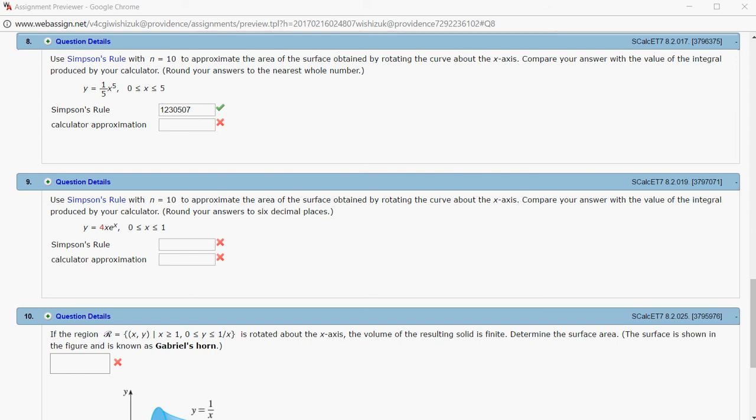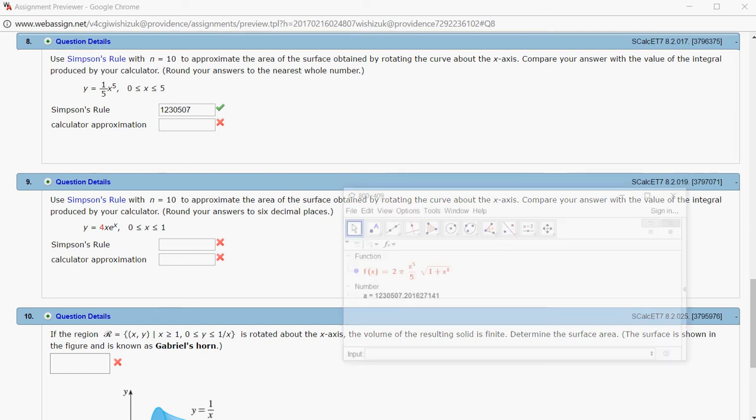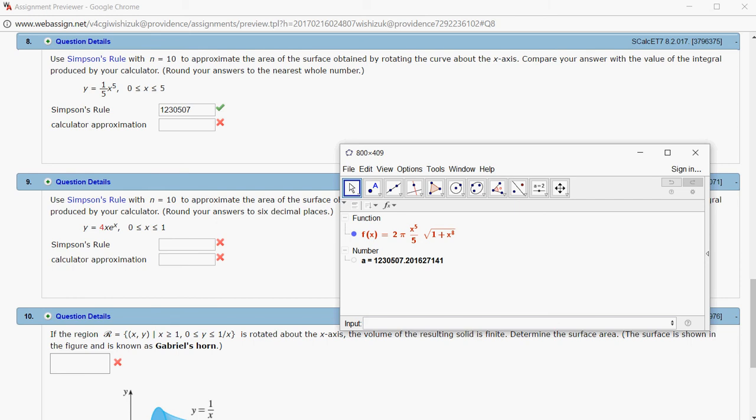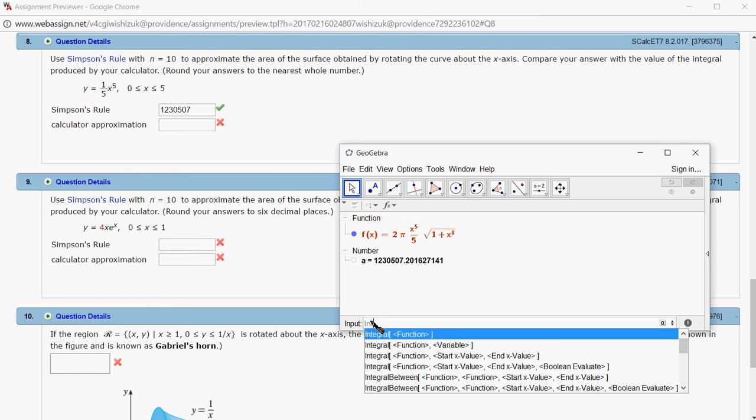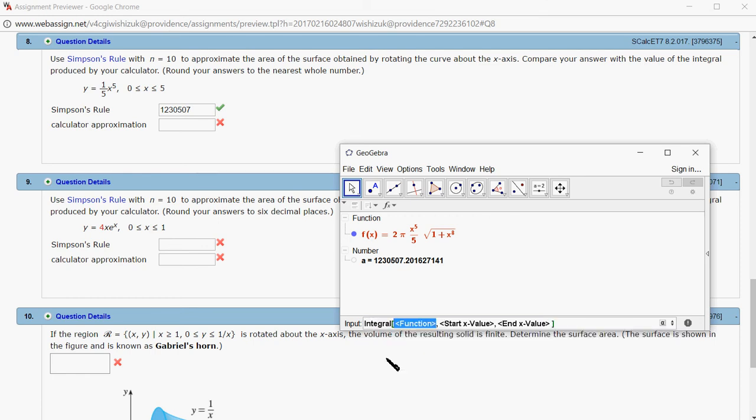Then we're going to use a calculator to evaluate the integral. I'm going to use GeoGebra to do that. So we want to integrate. The function is f of x, the starting value is 0 and the ending value is 5, and then hit enter.